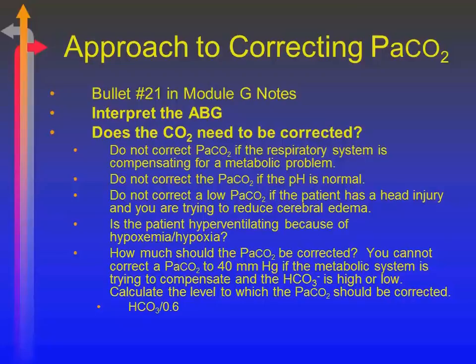I don't try to correct a low PaCO₂ if I have a head injury and I'm attempting to hyperventilate the patient. If you remember, as you hyperventilate and create hypocapnia, you reduce cerebral blood flow. It's one of the treatments, in theory at least, for head injury.